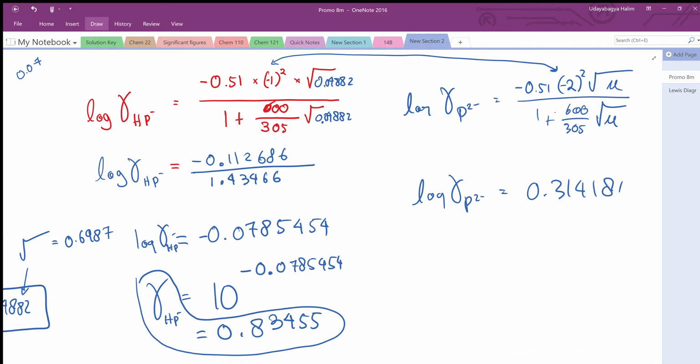Yep, I'm not doing anything odd. So far so good. So gamma P2 minus should be a smaller number. Sorry, I keep forgetting to put the negative sign in there. So this is going to be 10 to the power of negative 0.314181.